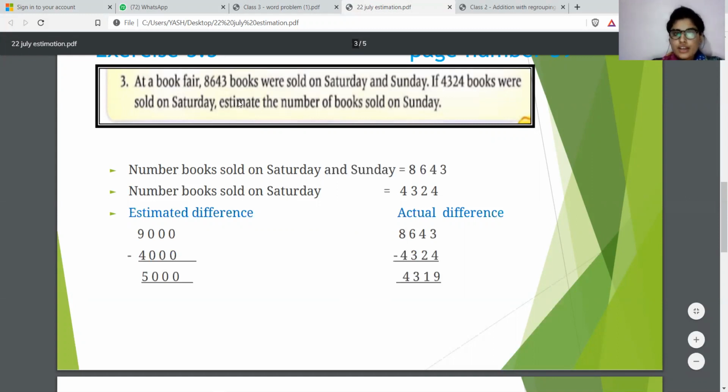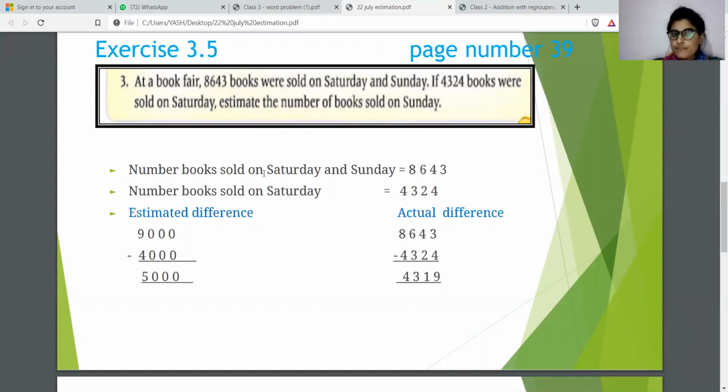So we need to estimate the number, and we need to find the books sold on Sunday. So how can we do this? We first write the number of books sold on Saturday and Sunday, which is equal to 8,643, and the number of books sold on Saturday, which is equal to 4,324. So first we will find the actual difference. First write the actual number 8,643. Then write the actual second number 4,324.